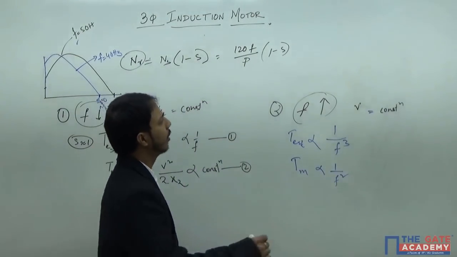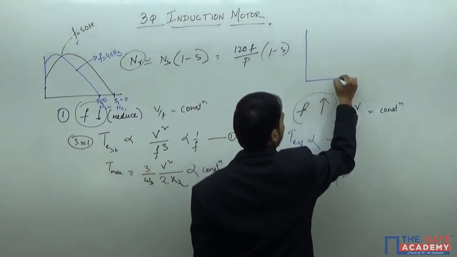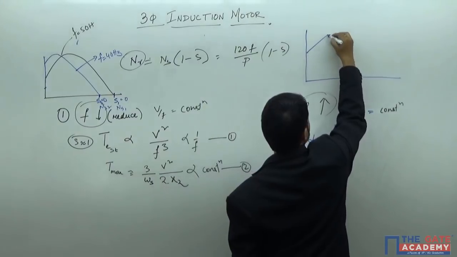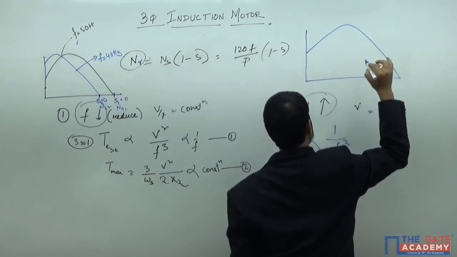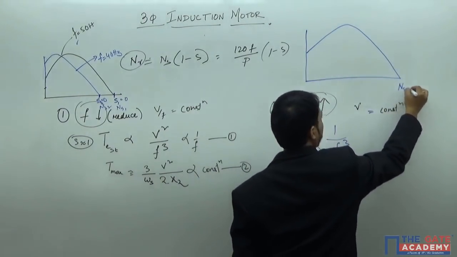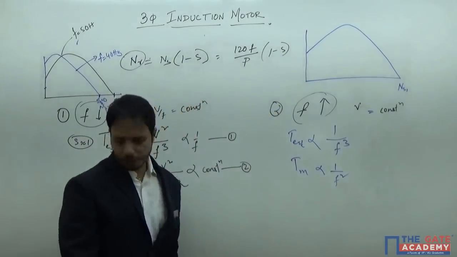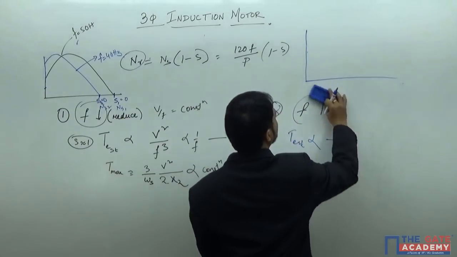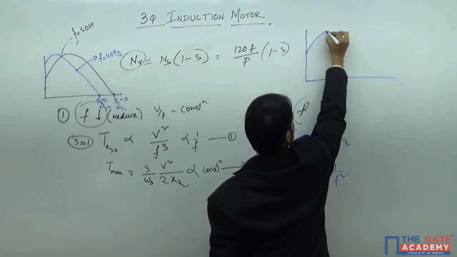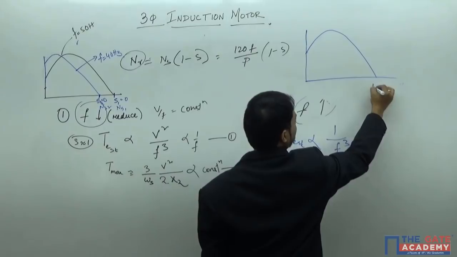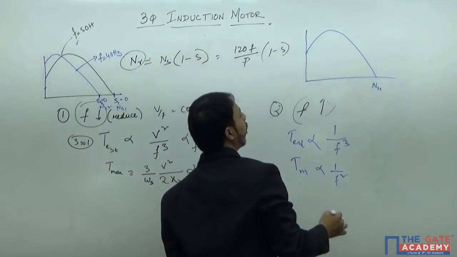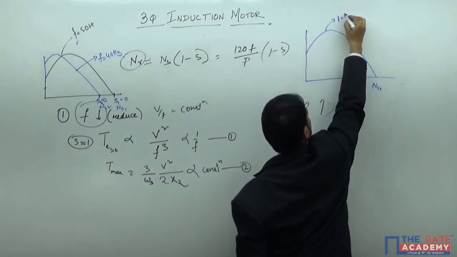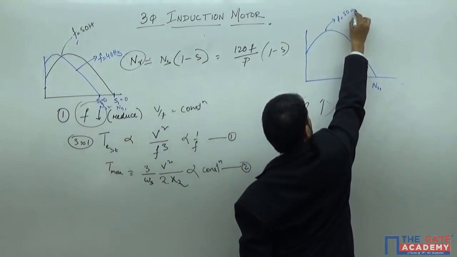So if I can draw it here, let me draw it properly. Suppose this is the first case and this is NS1. Say this is for frequency F is equal to 50 Hertz.